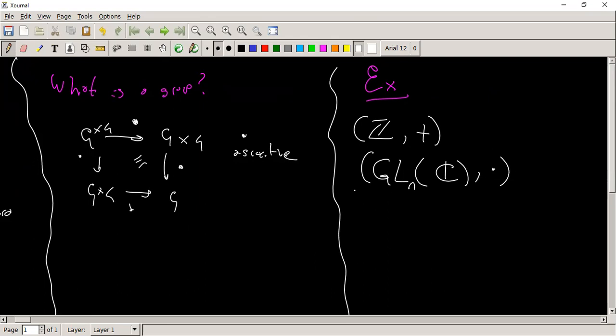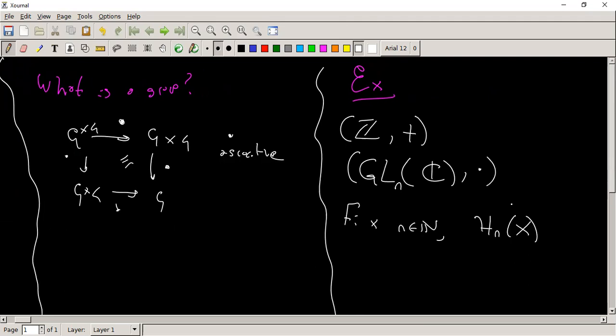An even more natural example, in my opinion, is this: fix a natural number n. We can talk about the nth homology group of a topological space, whether we're talking about simplicial or singular or cellular. These are all groups, and these motivate a lot of mathematics, especially a lot of algebra.